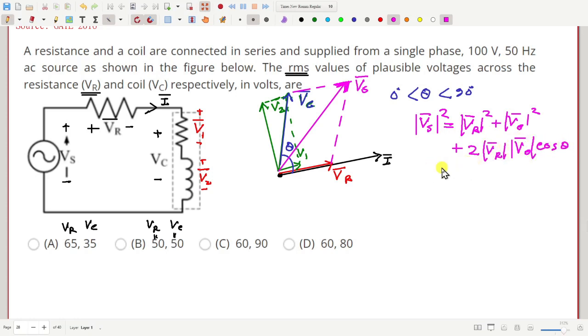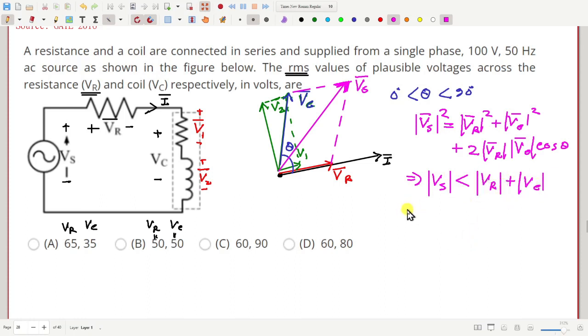Now from this, can we say that the magnitude of Vs should be less than VR plus VC? Yes, sir.